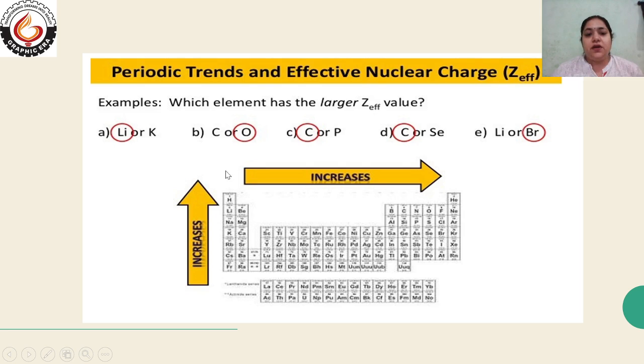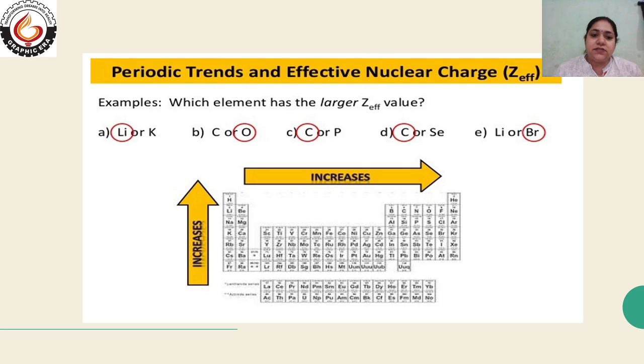Whereas if we go down in a group, what happened when we go down in a group, the number of shells increases. Like hydrogen having 1, lithium is having 2 shells, then sodium 3, potassium 4, etc. So as we move down, the size increases, the number of shell increases, and the distance of outermost electron from the nucleus also increases.